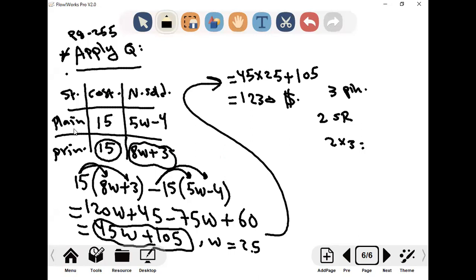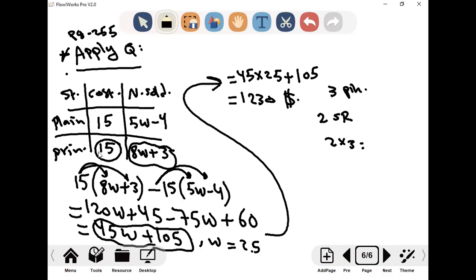Again, this shop has two types of t-shirts: plain t-shirt and printed t-shirt. In the table, the cost of a t-shirt for both of them is $15. Here the number of the t-shirts is an algebraic expression.